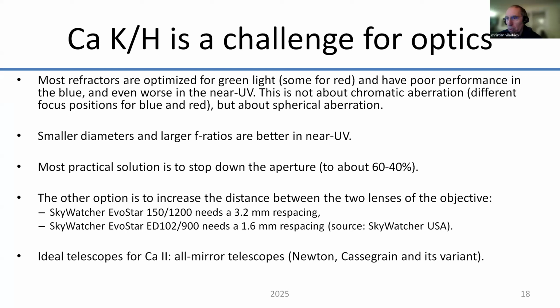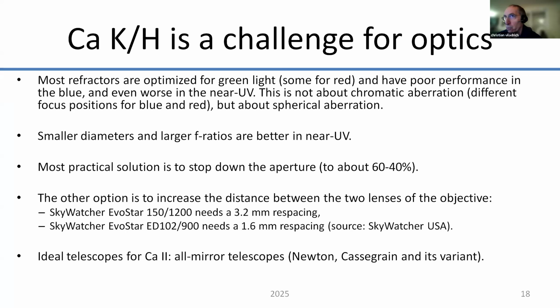This is not about chromatic aberration. Chromatic aberration means that the focus distance is different between, let's say, the red and the violet and the green. But this is not the situation. The problem is spherical aberration. So what we can do about it is that if we use a longer F ratio, it's better.